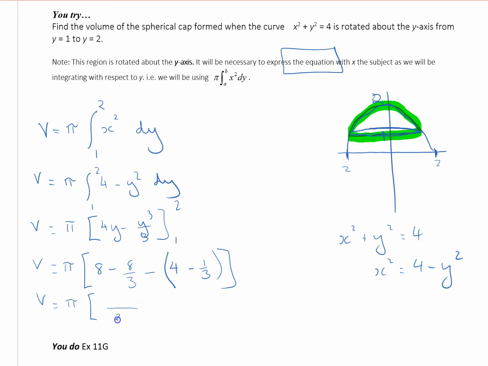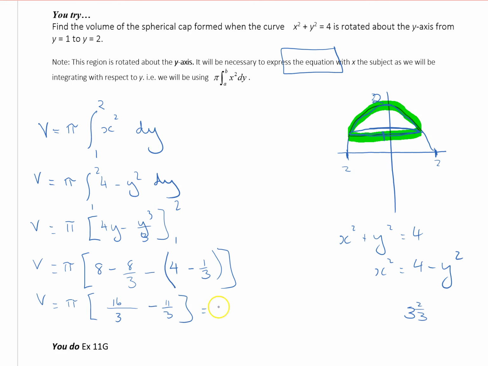Now let's do that as 24 on 3, so we've got 24 minus 8, which is 16, all on 3. And 4 minus 1/3 is 3 and 2/3: 3 3's are 9, plus 2 is 11, on 3.